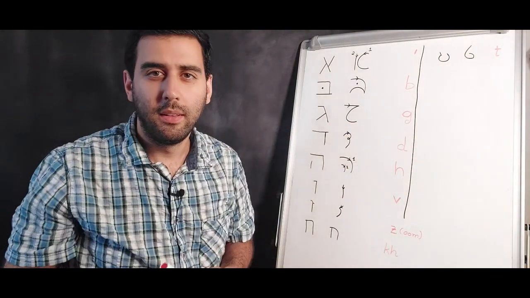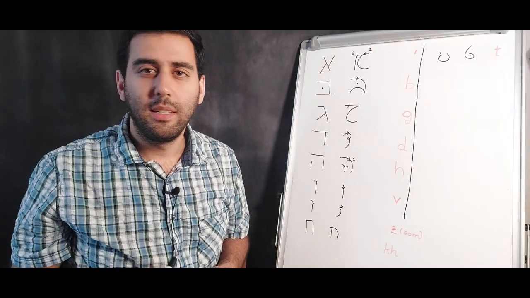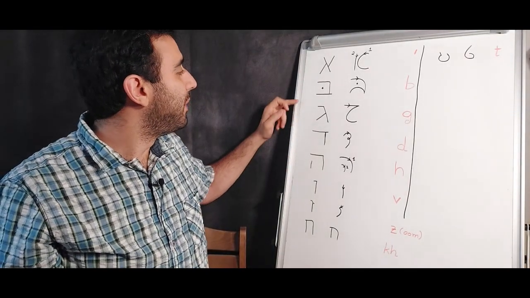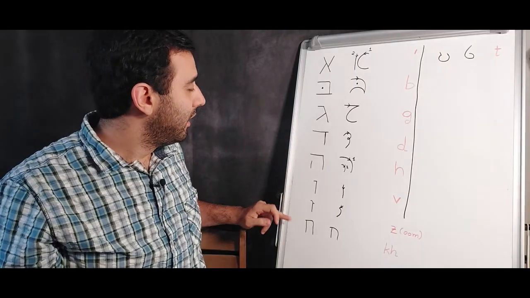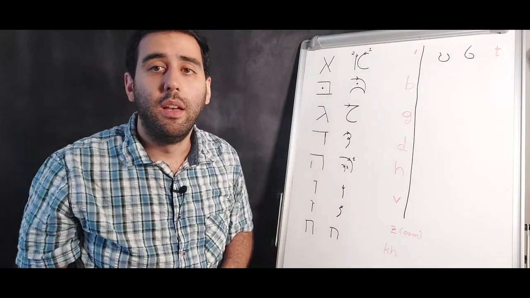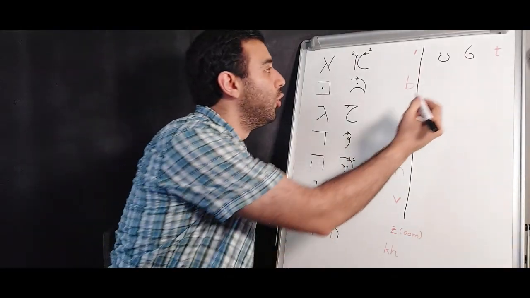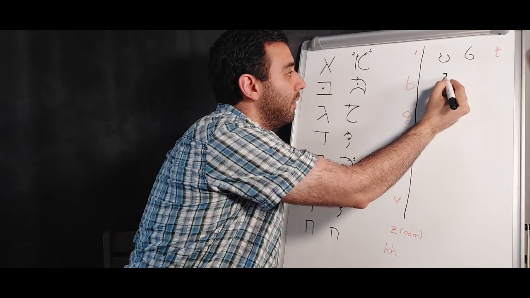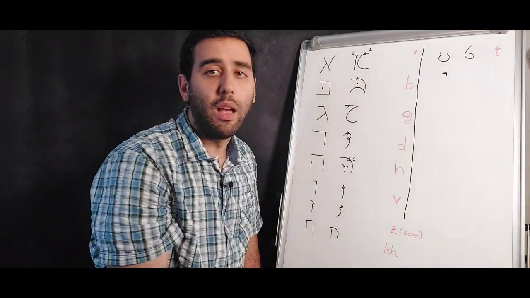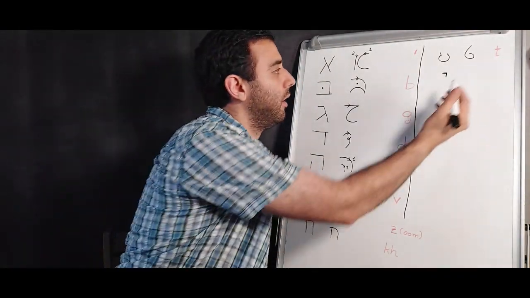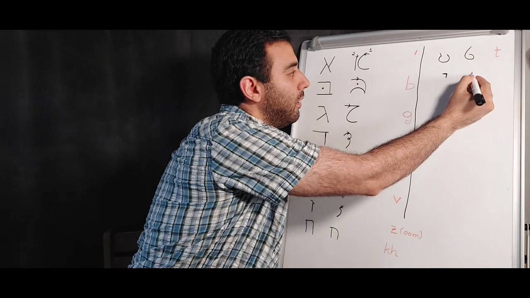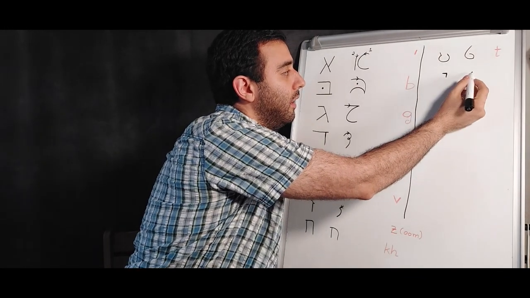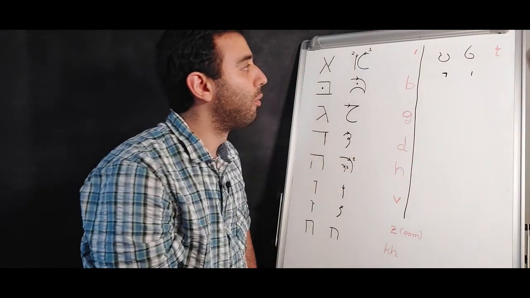Okay? Tet. And then the next letter is, so we have Alif, Bet, Gimel, Dalet, He, Vav, Zain, Chet, Tet. And then we have the Yod. This is the smallest consonant in the Hebrew alphabet. Yod. And in written form, we just leave this upper line, and then it gets to the written form.